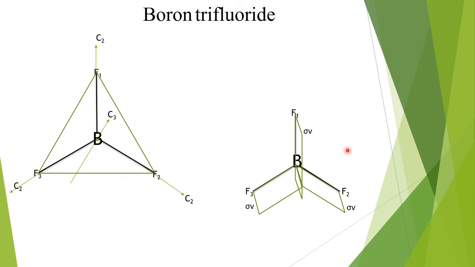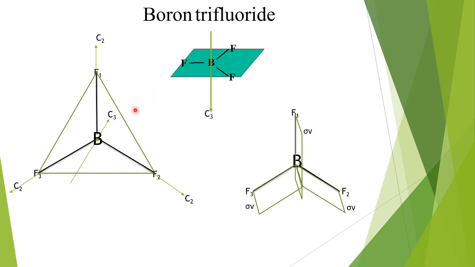Other than that, is there any other element of symmetry? Yes, there is one more plane of symmetry which passes through all the atoms, that is, through the molecular plane. This is the plane which passes through all the four atoms, boron and the three fluorine atoms, and it cuts all the atoms into two equal halves. And where is our C3 axis, or our principal axis?